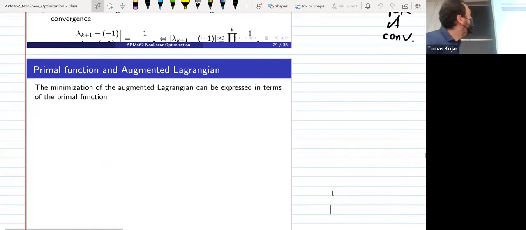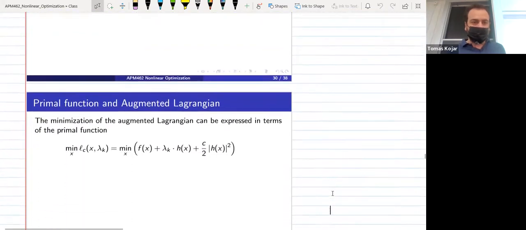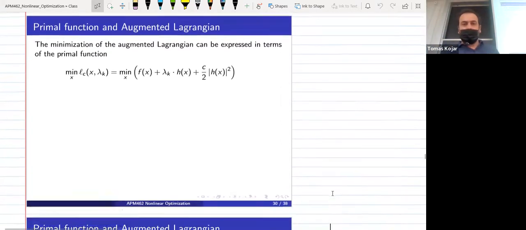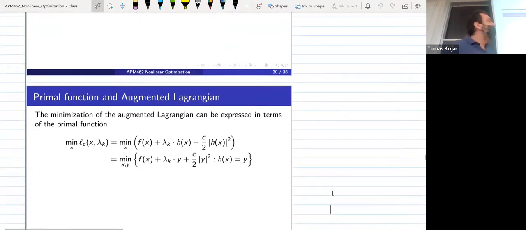So this is a point of view from the book, the one I explained to you, the augmented Lagrangian. You start again with the augmented Lagrangian and do a change of variables: you call h of x to be y.